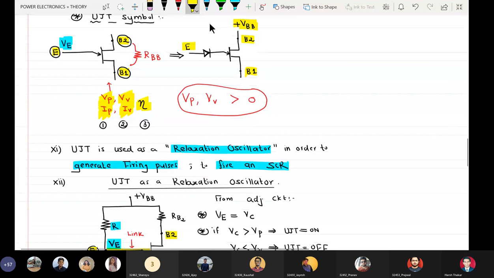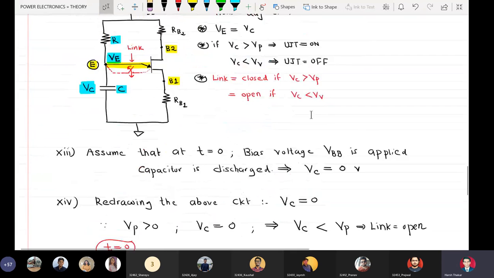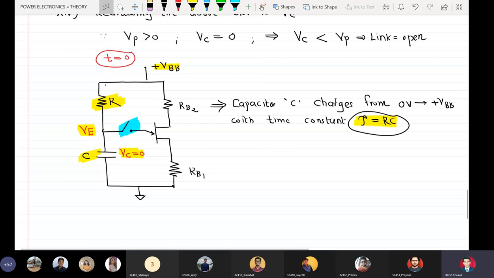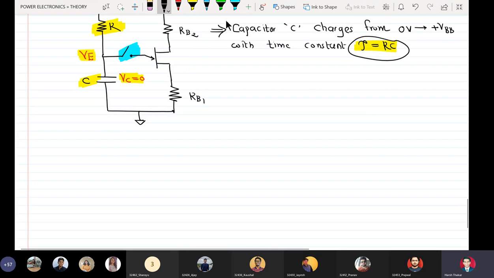Also understand one more piece of mathematics here, that VBB is greater than the peak point voltage, which is greater than the valley point voltage. So while the capacitor is charging from 0 towards VBB, it encounters the critical level, the peak voltage.